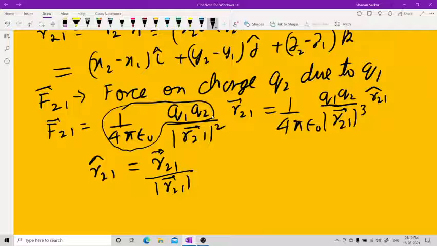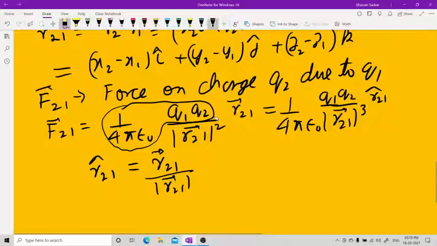In gravitation, you had m1, m2 instead of q1, q2, and instead of 1 by 4 pi epsilon naught, you had the gravitation constant G. This is the only change, the rest all remains the same.